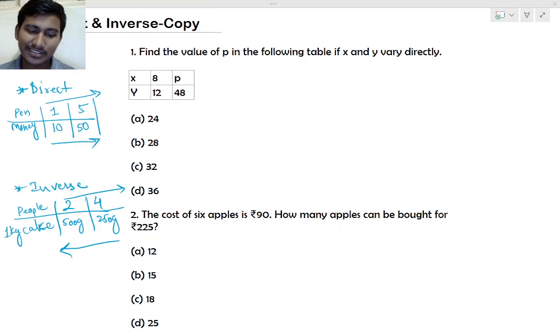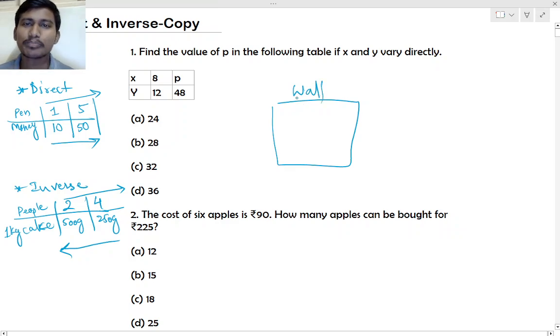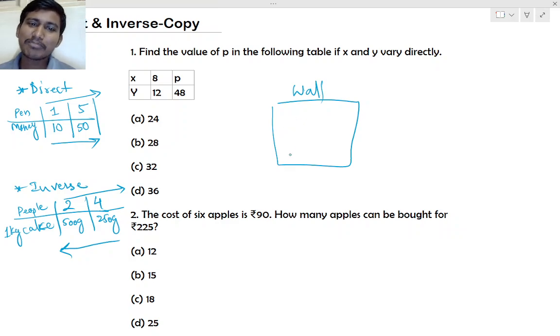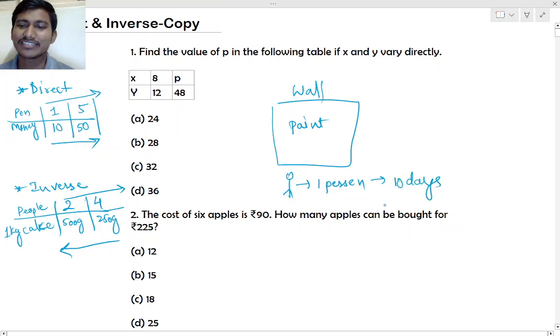Understand? If there is a wall, you have to paint it. If there is only one person, he will take more days. Let's take 10 days. If there are two people, 5 days, it will take less, half.